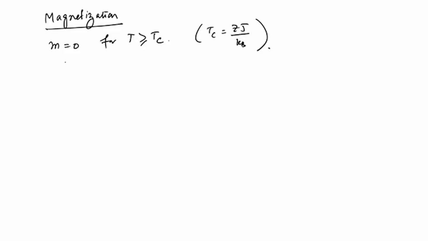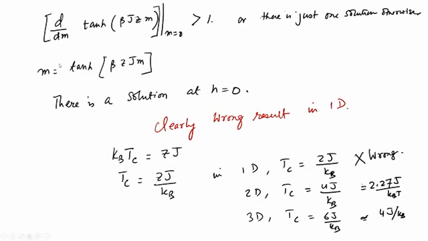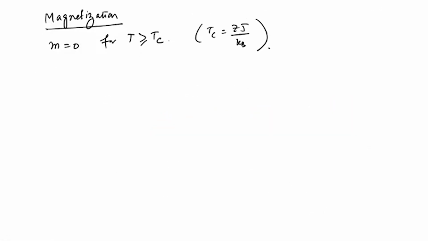So, we look for the solution that we have already gotten, m equal to tanh beta Zj m, and we look at the 0 field solution again, which means that H equal to 0.